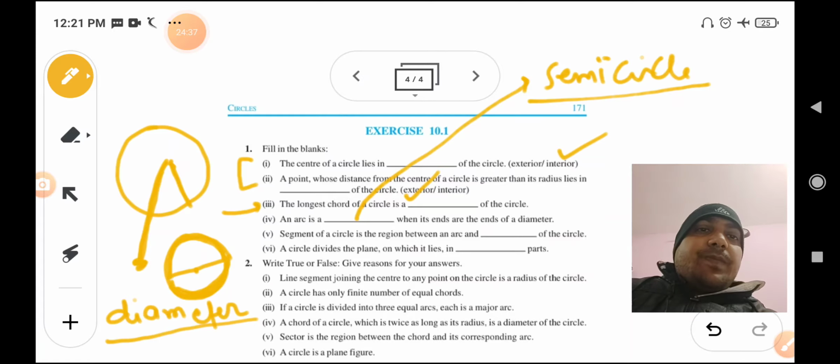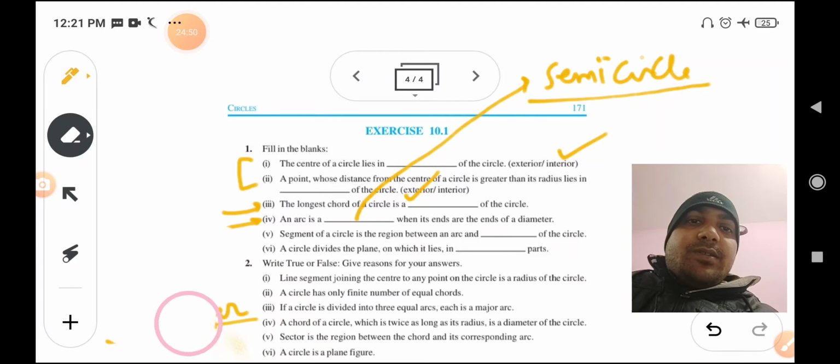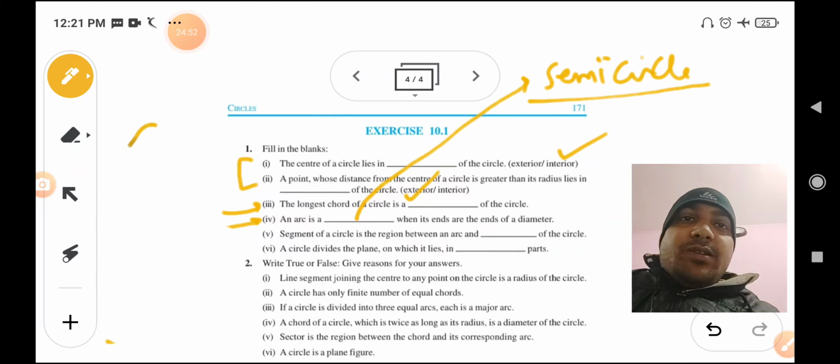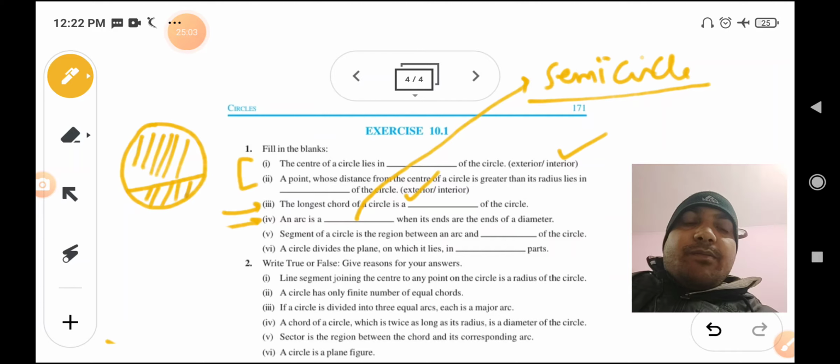Right. So coming to the next part, up to fourth, everyone is clear about it. So fifth, segment of a circle is, what is a segment? Segment is the region between chord and arc of a circle, right? This is the major segment and this is the minor segment.